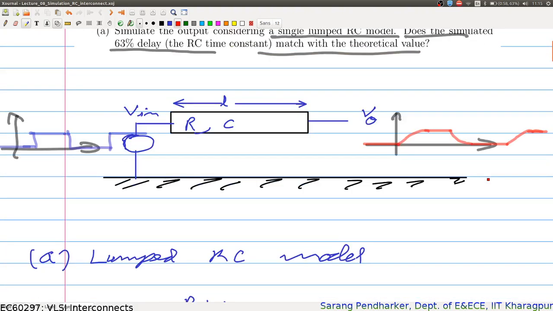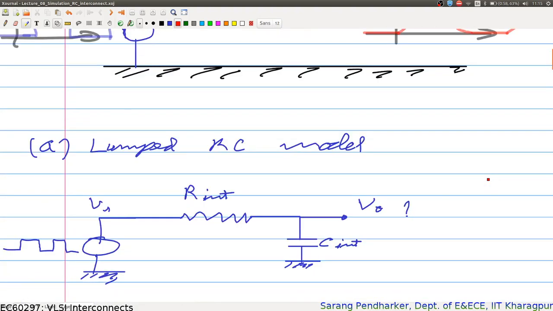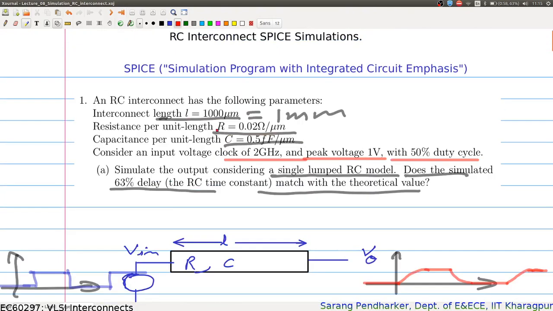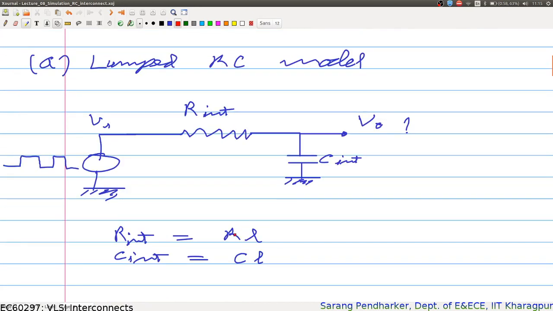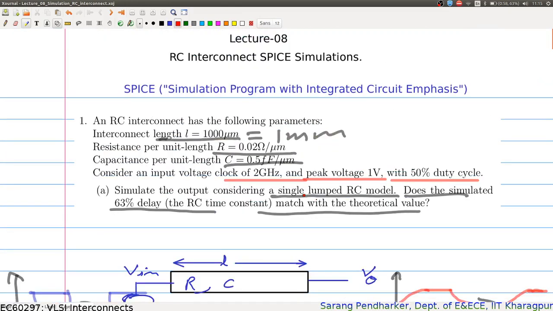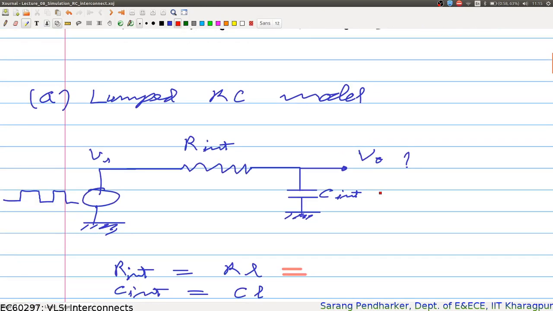Right, so if I am considering a lumped model, all I have is R interconnect and C interconnect. I have been given the values of R, C and L. So my interconnect resistance R will be R into L, which is 0.02 multiplied by 1000, or 20 ohms.